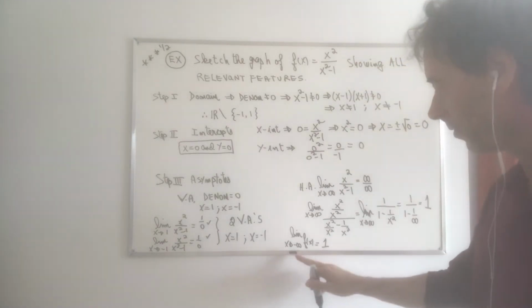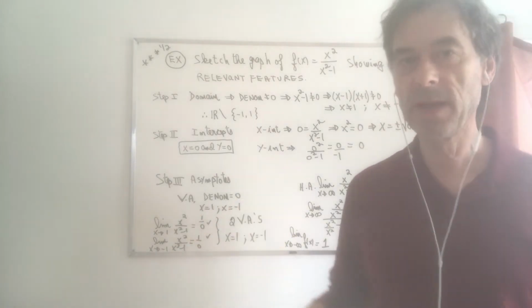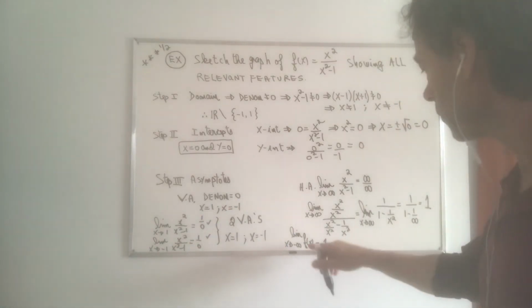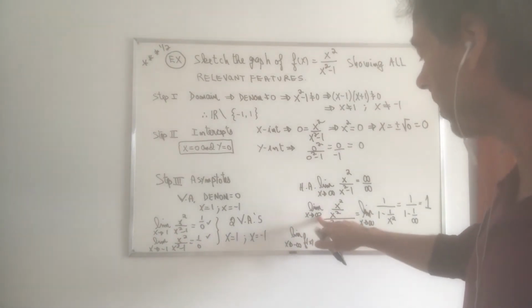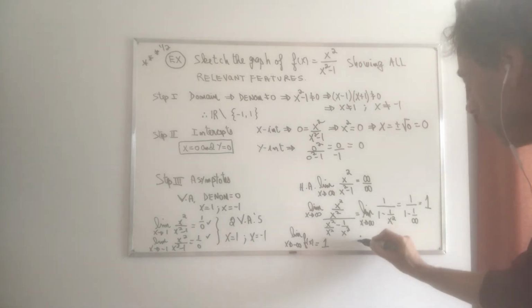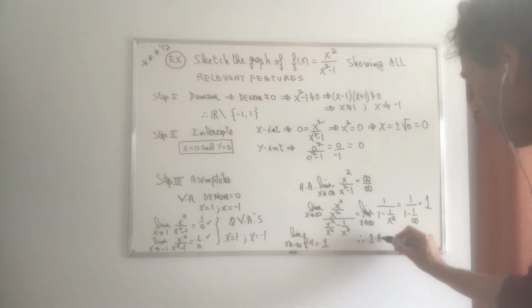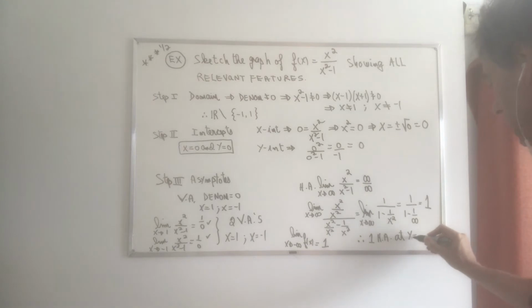The only time where those two have different values, you remember from the previous video, is when we have a square root. We don't have that here, so you can verify that if you do the negative infinity limit instead of the positive infinity, you'll get the same answer. So, conclusion, we have one horizontal asymptote at y is equal to 1.